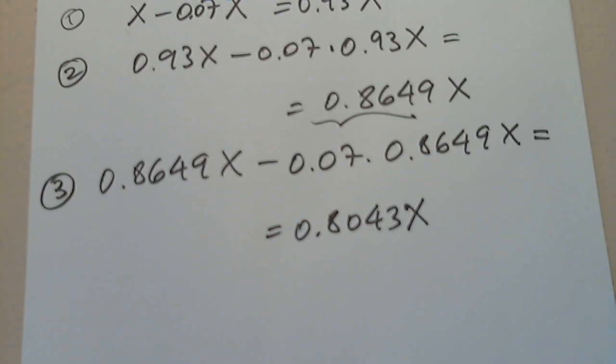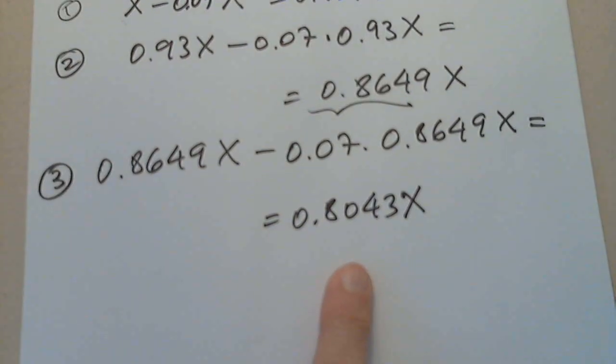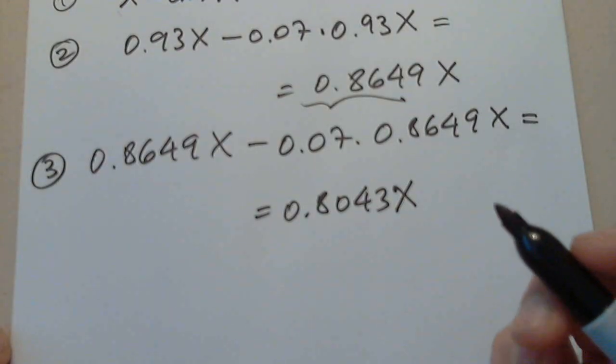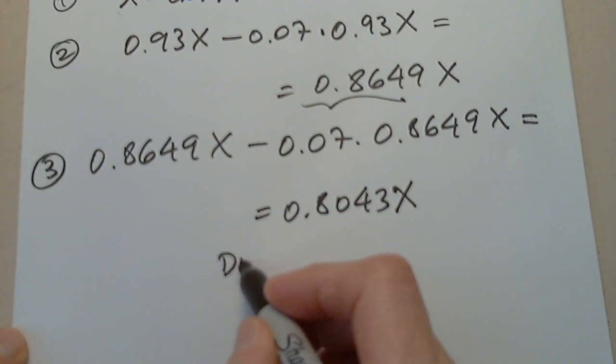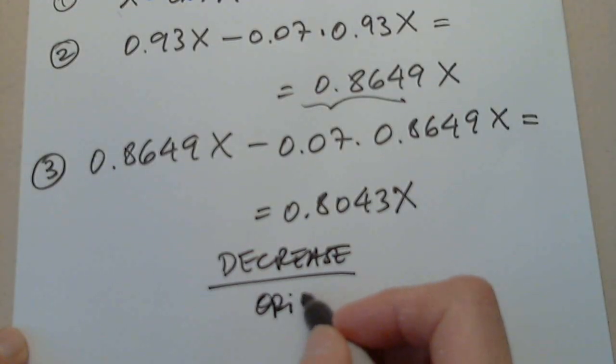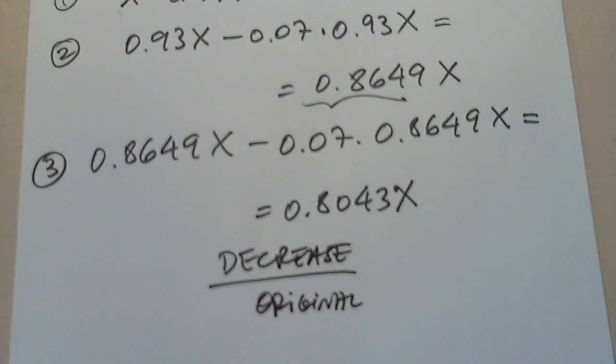So this is the decreased amount. I don't have the amount, so I have the decrease divided by original. But that is not clear to me from their explanation here. If you decrease an amount by 7% 3 times in a row, what percent decrease results?